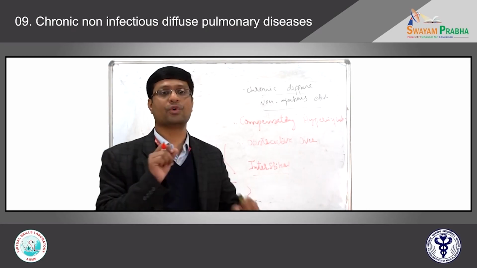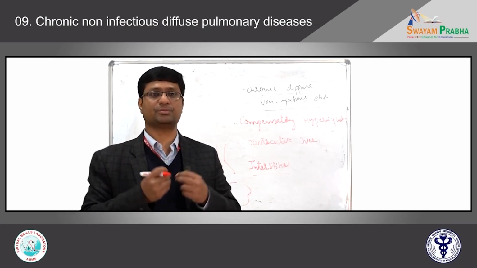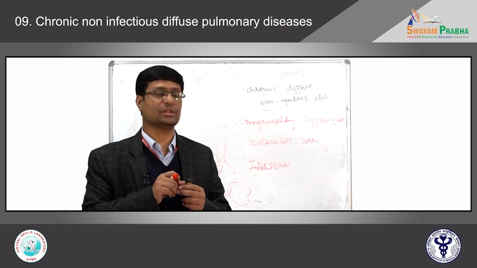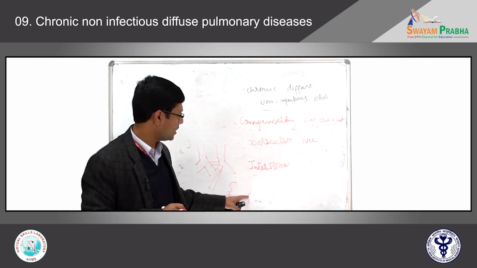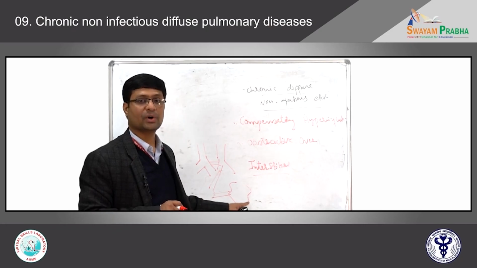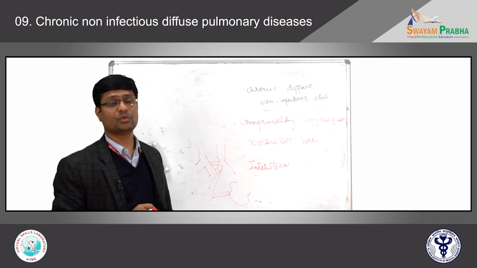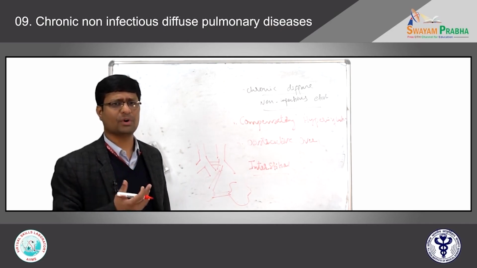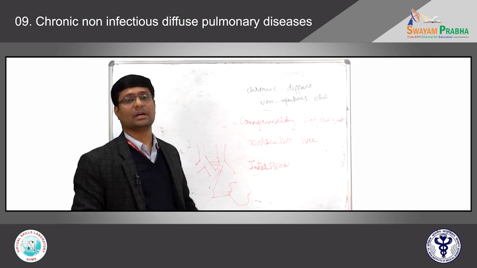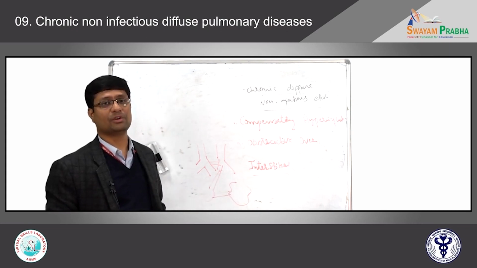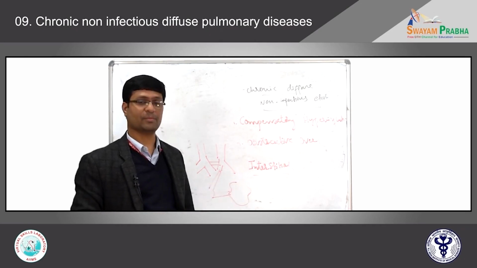Whenever there is a forced inspiration or mechanical ventilation, the alveolar walls will rupture and air can enter the alveolar interstitium. Along with mechanical ventilation, any patient with whooping cough, when there is severe cough, can also have alveolar rupture and entry of alveolar air into the interstitium. We call it interstitial emphysema, right?